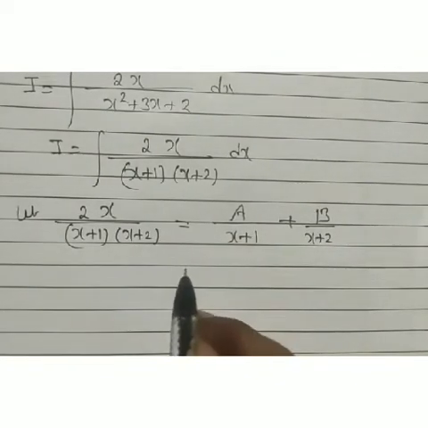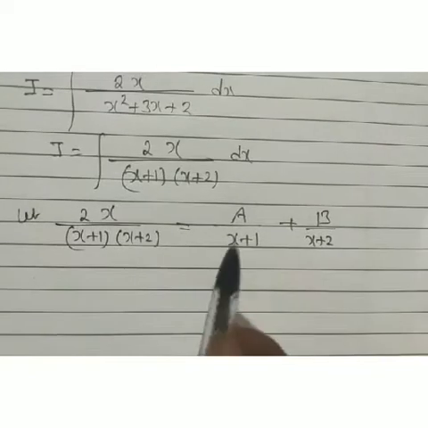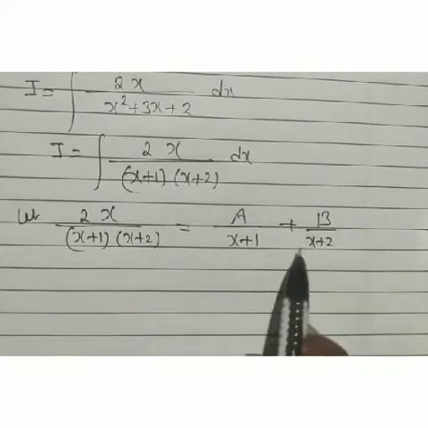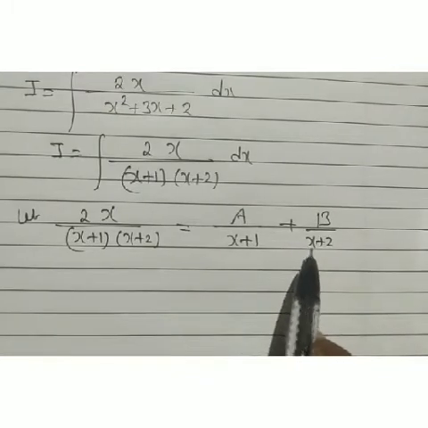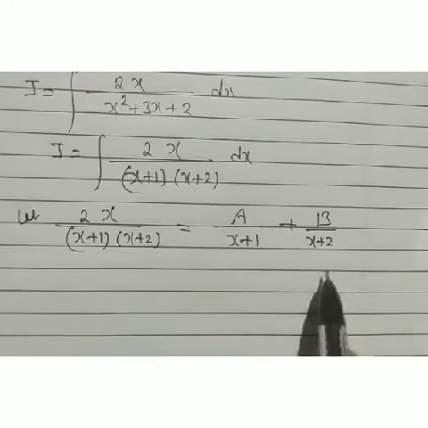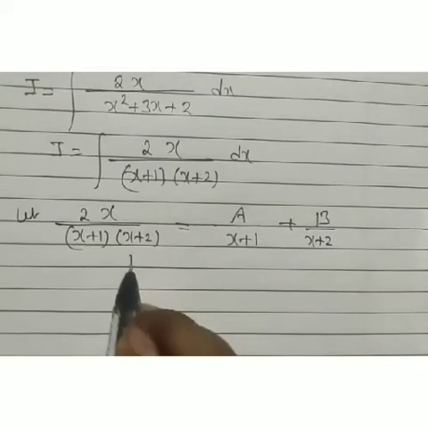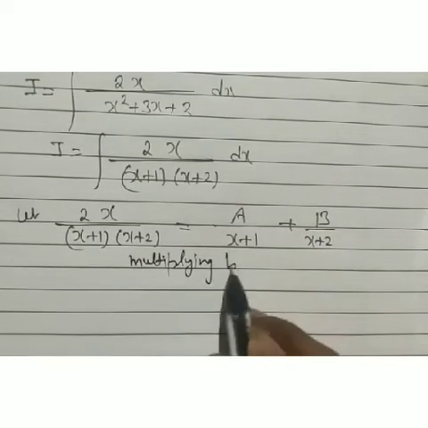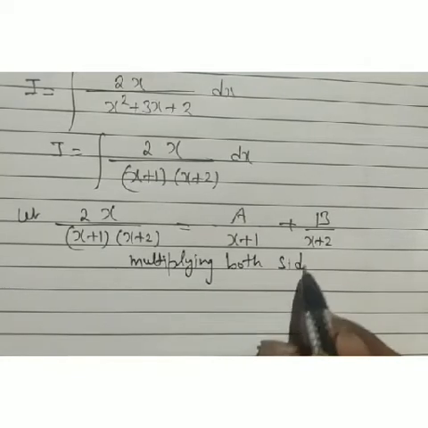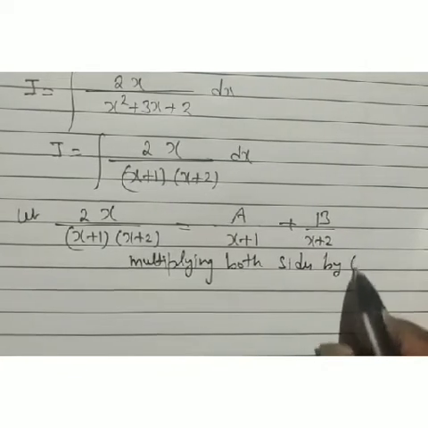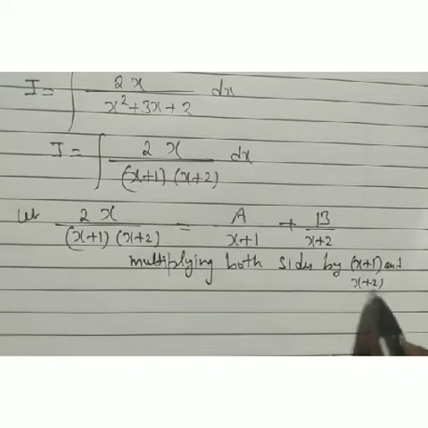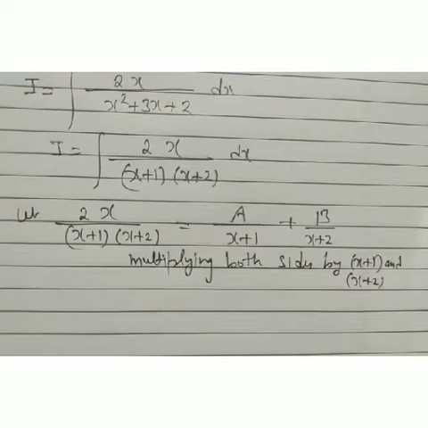Look, what we do. We are going to multiply. Its LCM is what? It's x plus 1 and x plus 2. Then what we do? We are going to multiply both sides by x plus 1 and x plus 2.